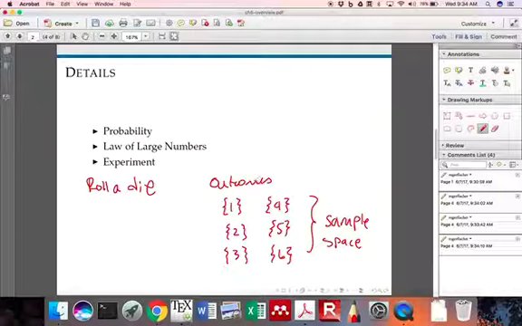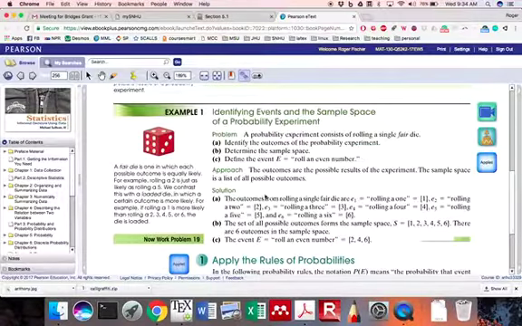Now, if your experiment is to roll a die once, then any one of these outcomes of that experiment is one of these numbers appearing on the die. As you see in this example, what are the outcomes of the probability experiment?